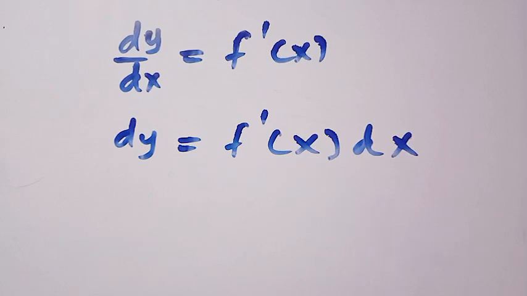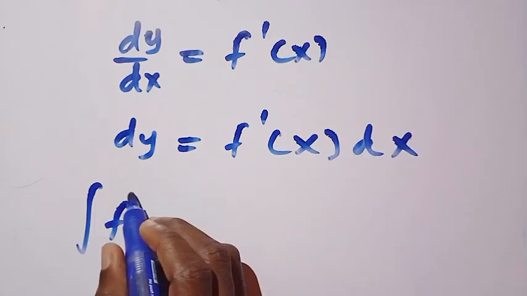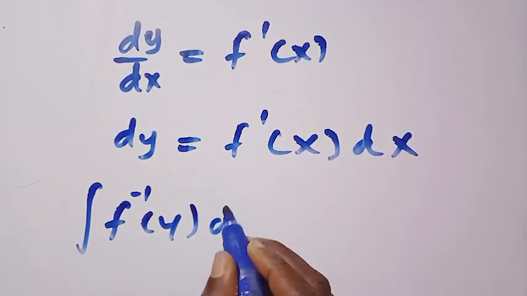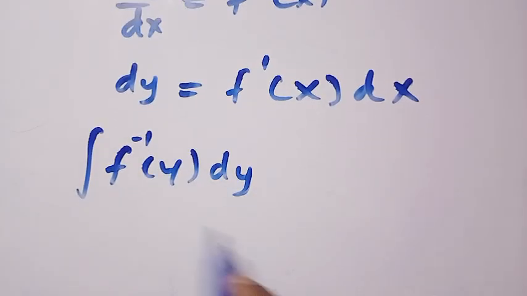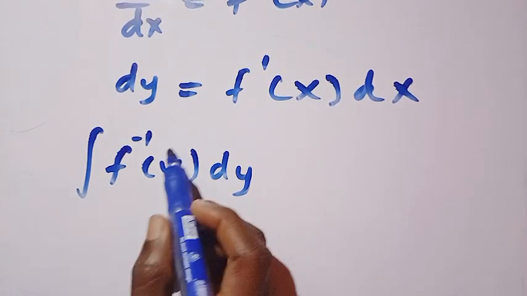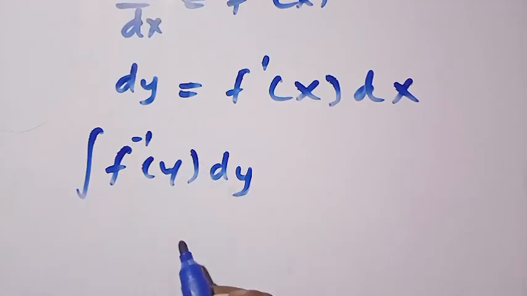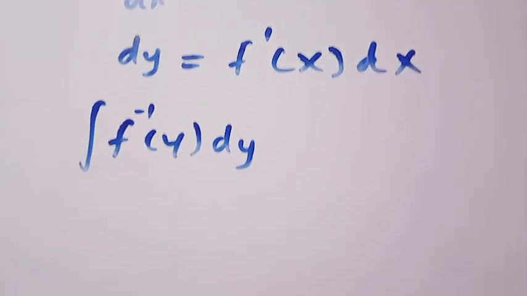If you recall this back into the given integral, over the range of 5 to 7 of f inverse of y dy, this is what we have. The y here has been given to be f of x, and the dy has been given to be f prime of x dx.